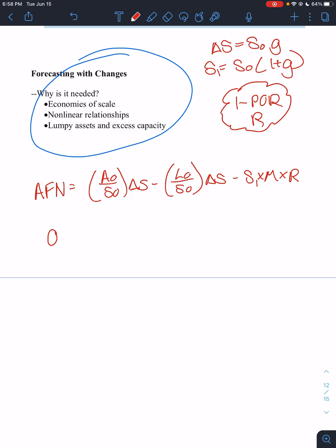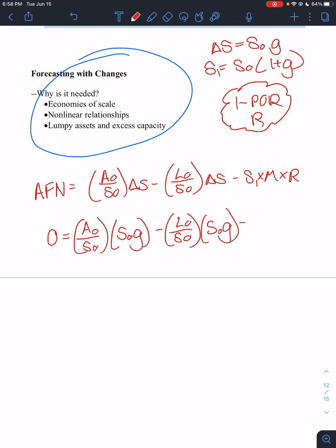All right, so here's some nerdy algebra. No, you don't have to do this in the exam. If I have A0 over S0, the change in S becomes S0 g, this initial sales times the growth rate, minus the spontaneous liability factor here. And again, I'm going to make that same trick. And then when I get to the retention part, S1 is going to become S0 times 1 plus g times M times 1 minus the payout, which is R. Now I have g's in all my terms.